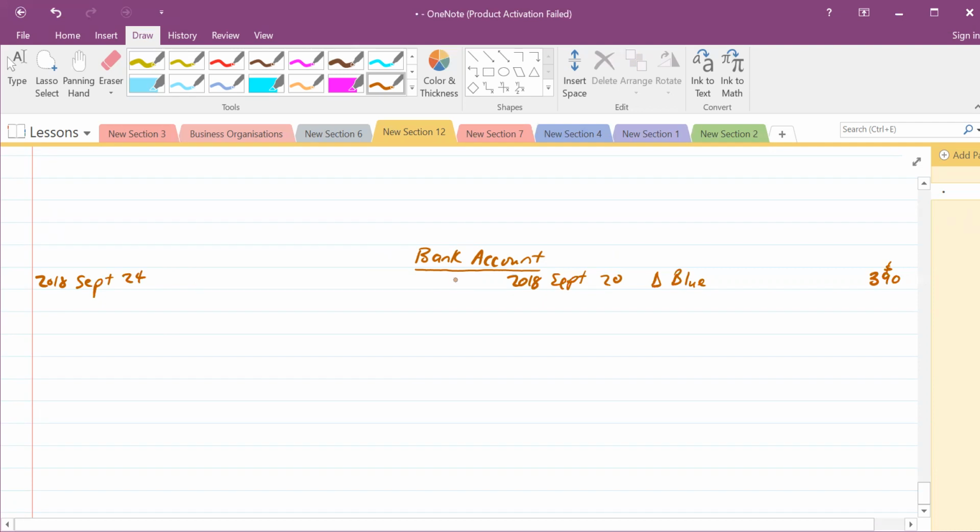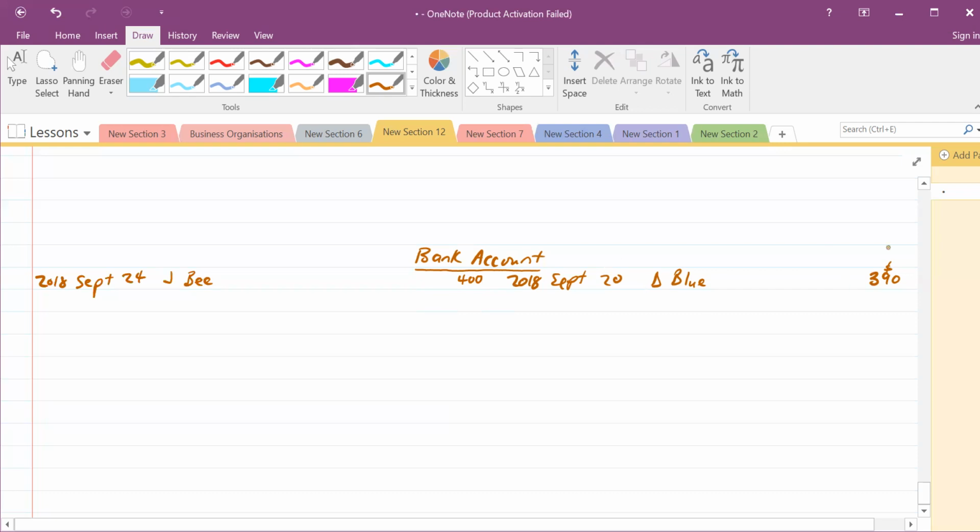Okay, how much? 400. This account was not needed. Why? Because we don't have any balance BDs in this particular account. So when it comes to balancing off, we are not going to be balancing off this one.